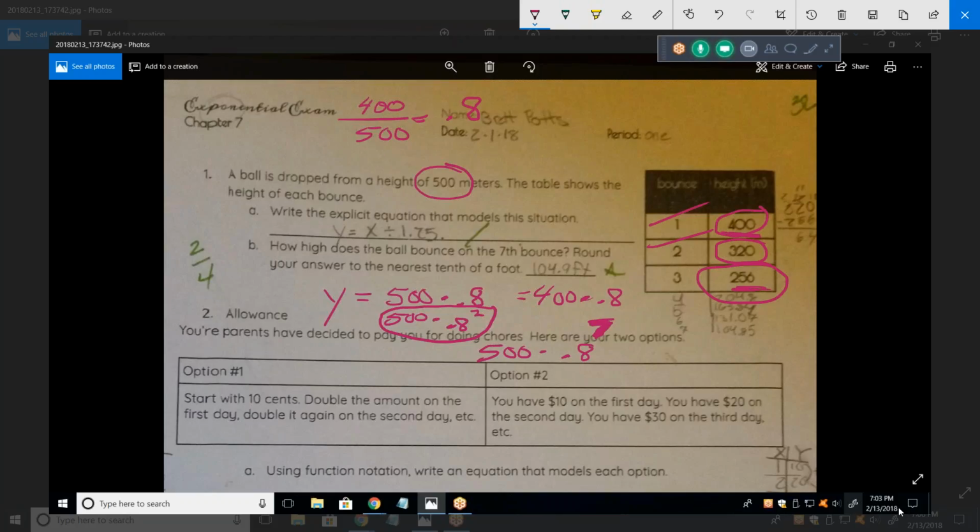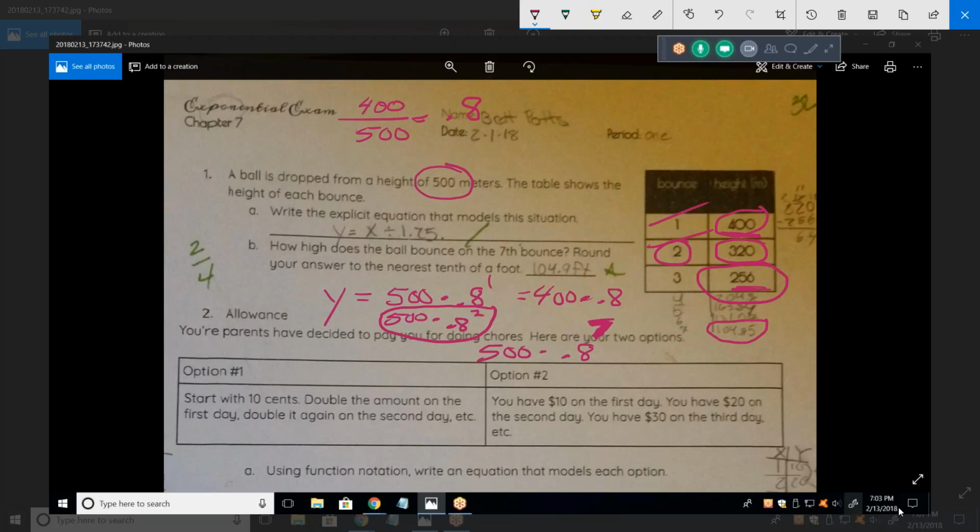So that's definitely 0.8 to the 1. So the second bounce gives that height. So the seventh bounce should be 0.8 to the seventh power. Can you do that on your calculator? Yes. Okay. And multiply it by 500, and you should get this number that you had down here.